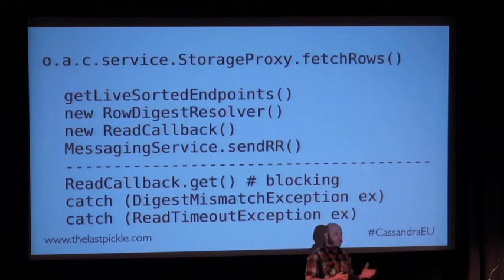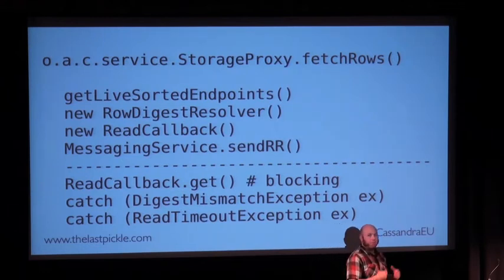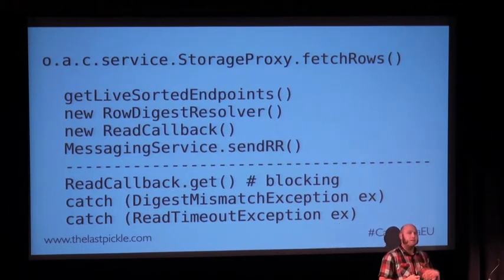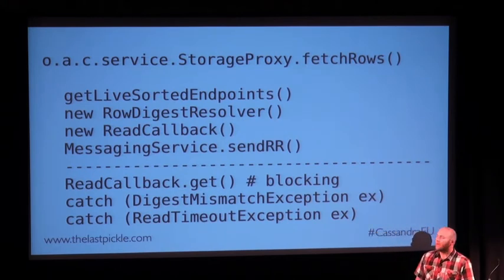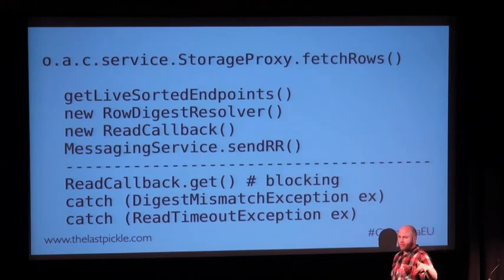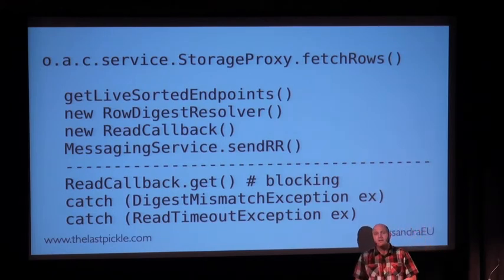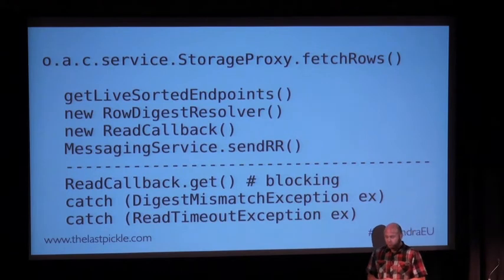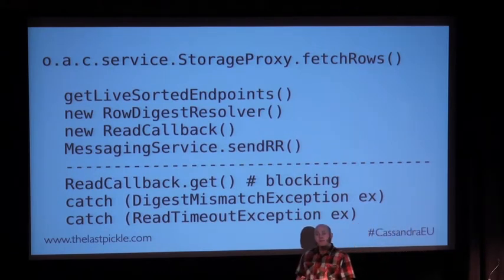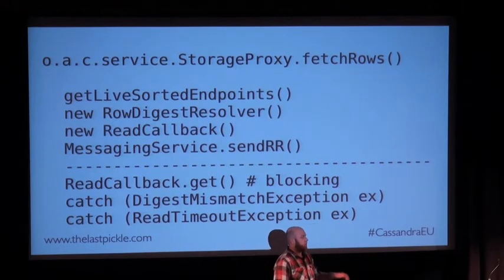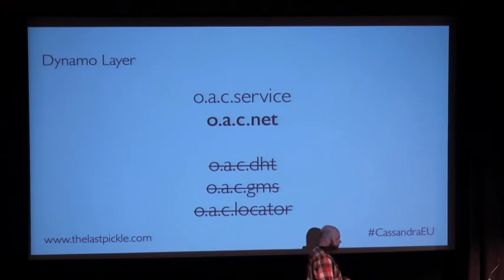So if we get a row digest exception here, we remember that, and later on in this function, we run the read the second time using the row data resolver. If we get a read timeout exception here, then we throw it so that it gets back to the API layer and it can deal with it. Hopefully none of these things happen, and resolve just returns the data that we're going to give back to the client. And we group all those together, return them back from the function.